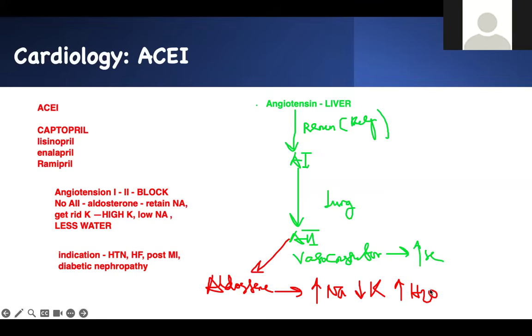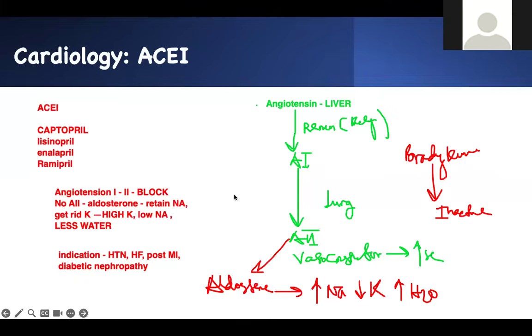Additional information you need to know is that we have something called bradykinin. This has to be converted into an inactive form so that we can destroy it, and that is where these medications are special. What does an ACE inhibitor do?